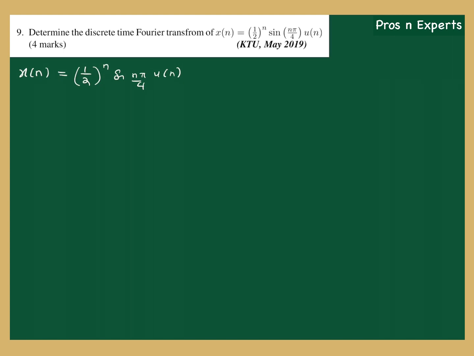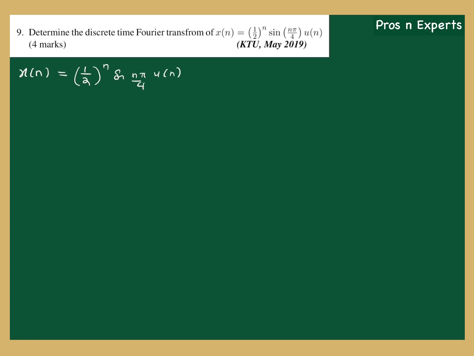The problem that I face in the signal is nothing but the presence of sine n pi by 4. That's clear, because if it was half raised to n u of n, I had a ready-made DTFT. I could have just applied it and obtained the transform, but the presence of this sine n pi by 4 is the problem.